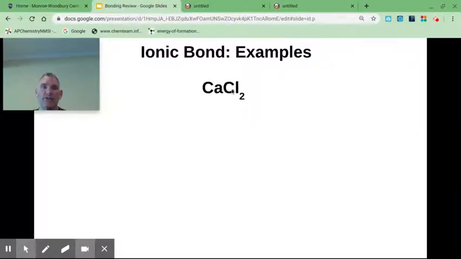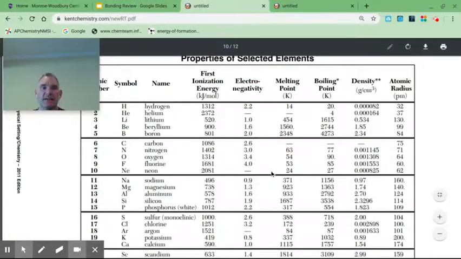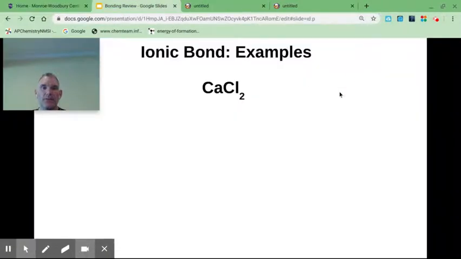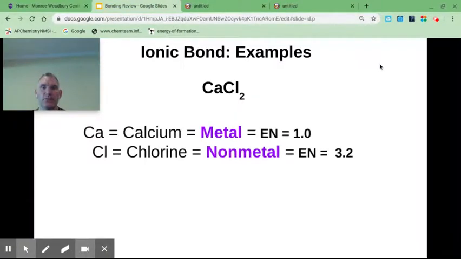If I were to look up calcium and chlorine on Table S, calcium is 1.0 and chlorine is 3.2. So 3.2 and 1.0 are my electronegativities. And if I were to subtract, I get a value of 2.2. Notice again, 2.2 is in between the 1.7 and 3.3 that makes it ionic.